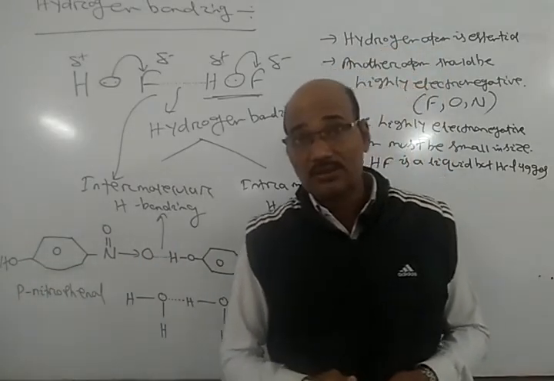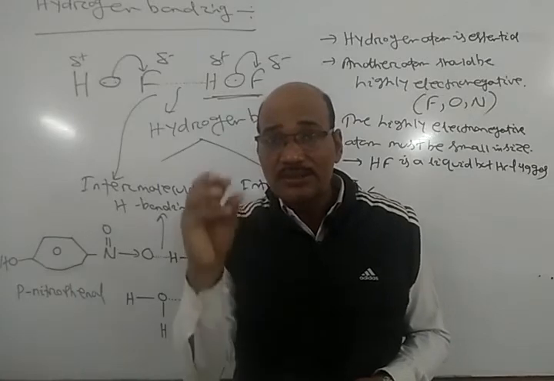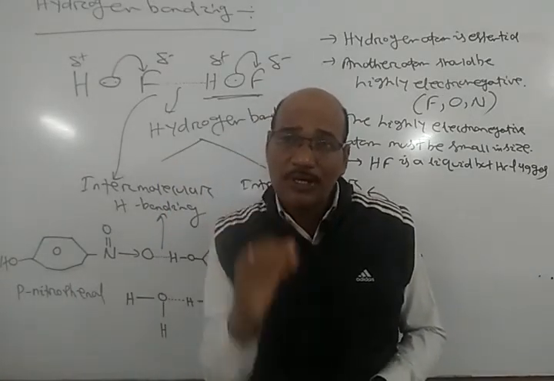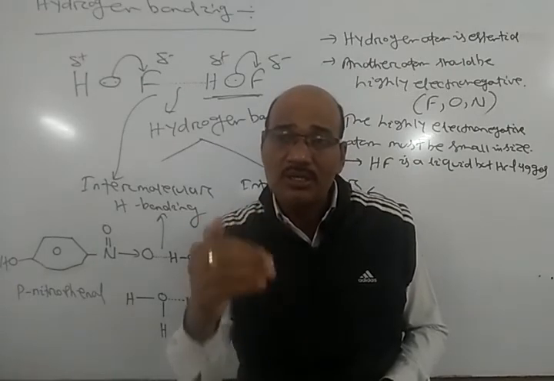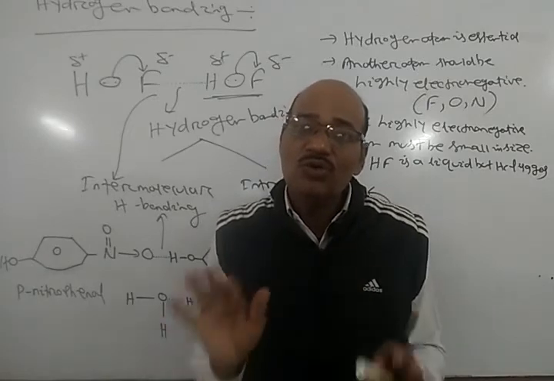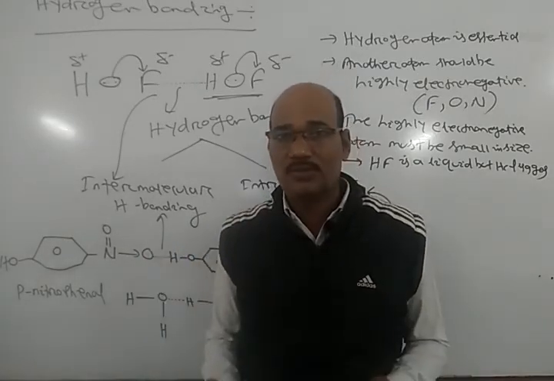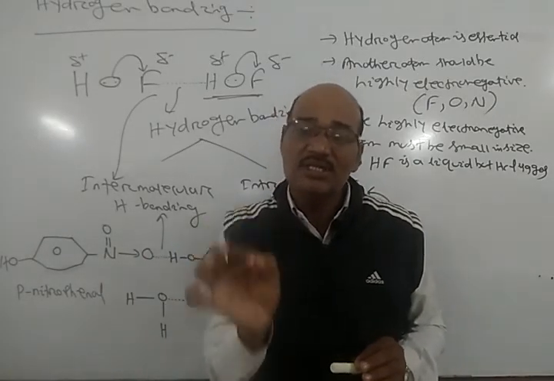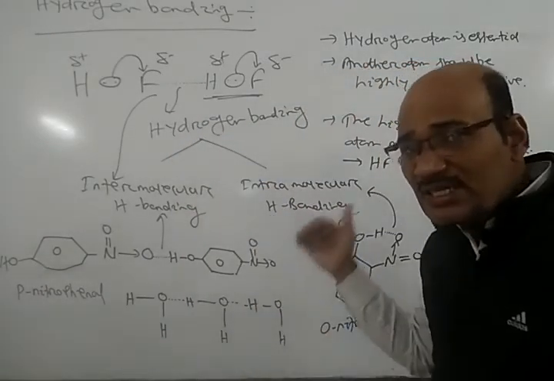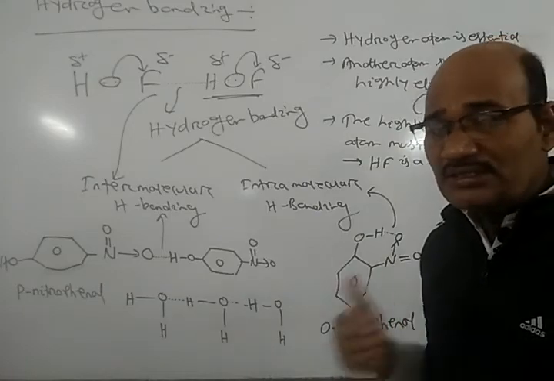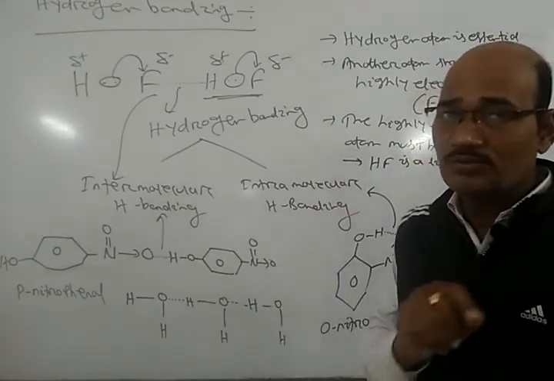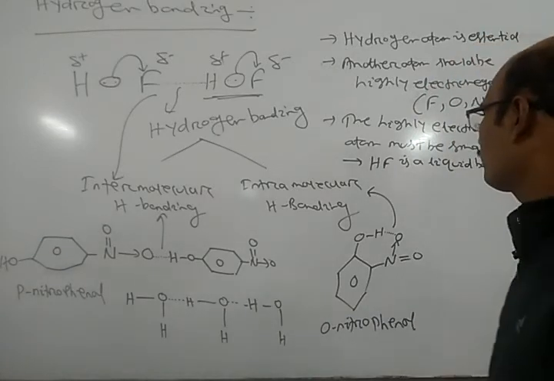But in HCl, due to the large size of Cl, the hydrogen cannot form hydrogen bonding with it. So in HCl there is no hydrogen bonding. That's why HCl is a gas. The reason HF exists as a liquid but not HCl is the presence of hydrogen bonding in HF, which is absent in HCl.